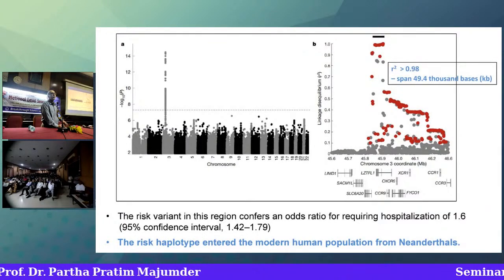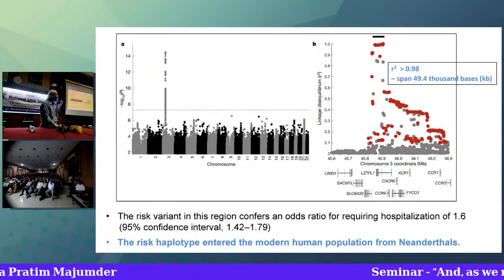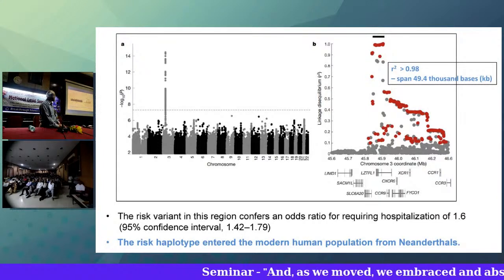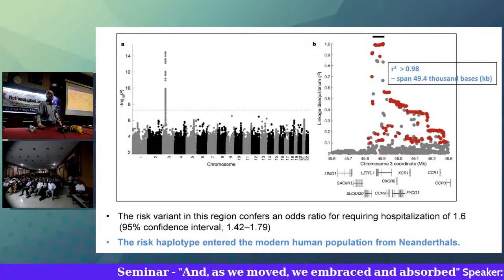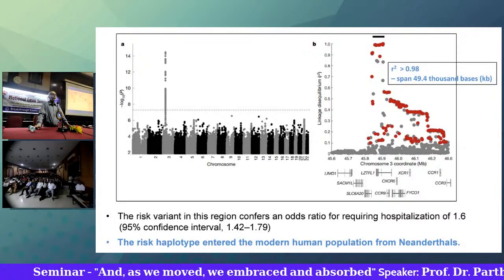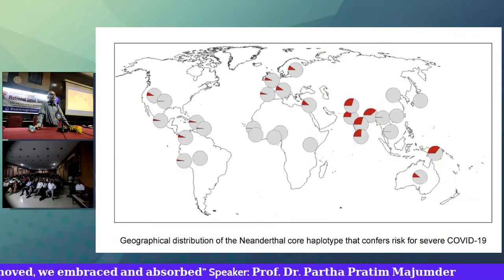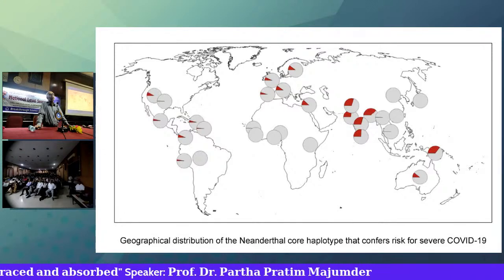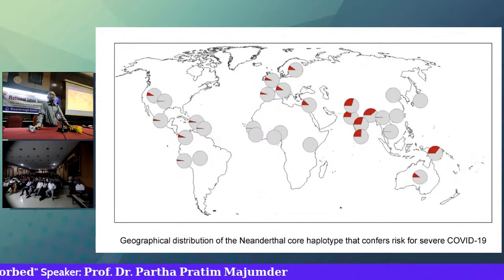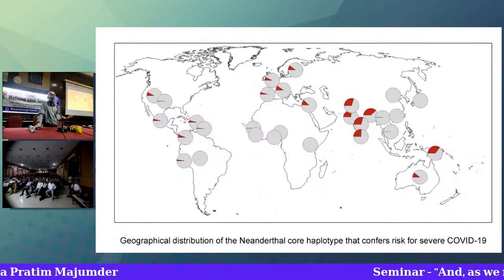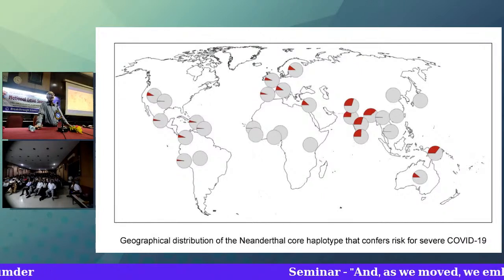Which populations or regions have the highest frequency of this genomic region? And this is very striking. The place that is most predisposed to severe COVID-19 is India, as you can see, different populations of India. We now have data to show that this genomic region is enriched in many populations of India. The prevalence is very high in multiple populations of India.